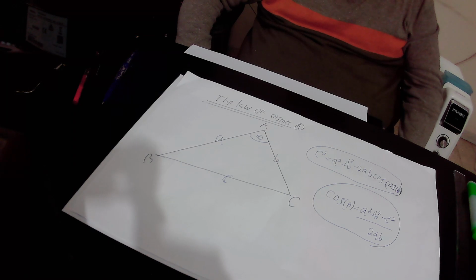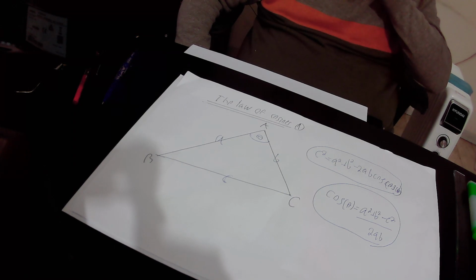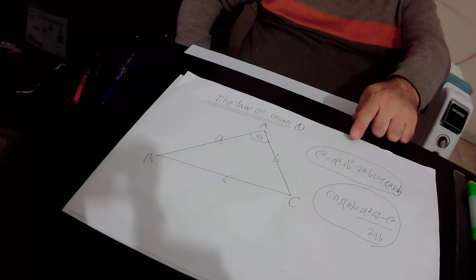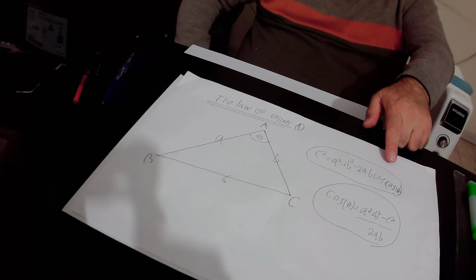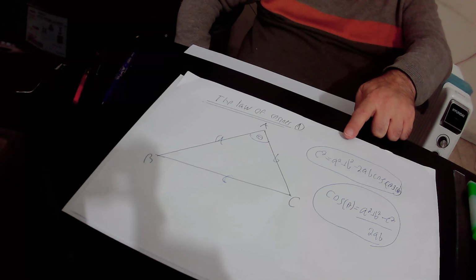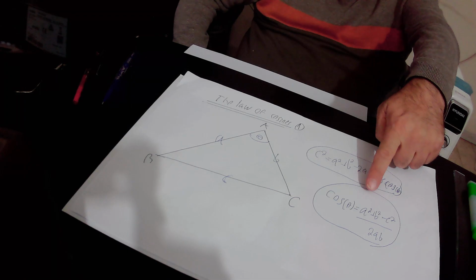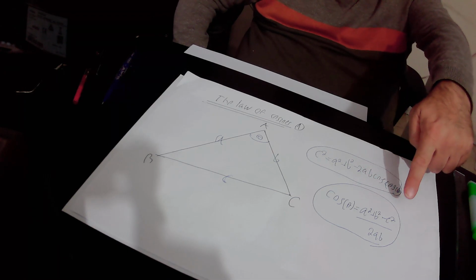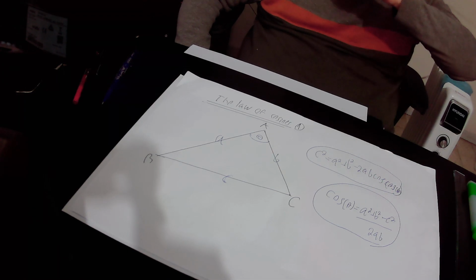Then, if we add to this equation 2AB cosine theta, subtract from it C squared, and divide it by 2 times AB, we will get that cosine theta equals A squared plus B squared minus C squared over 2 times AB.